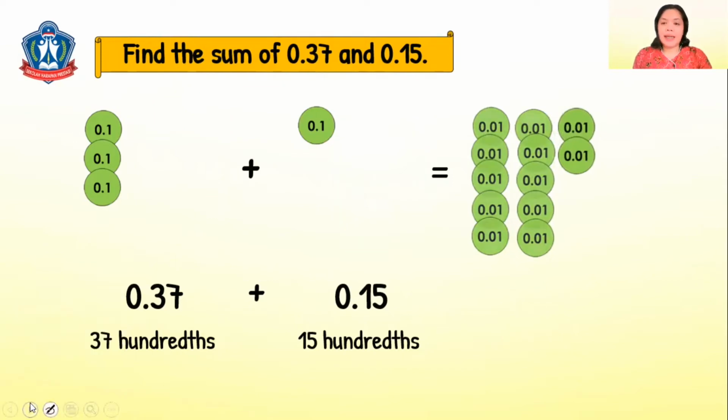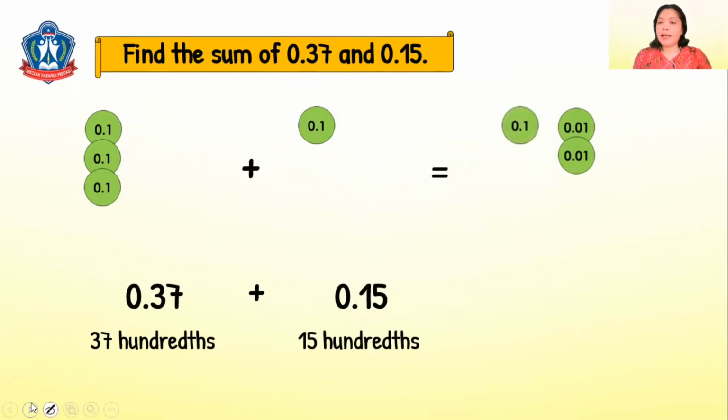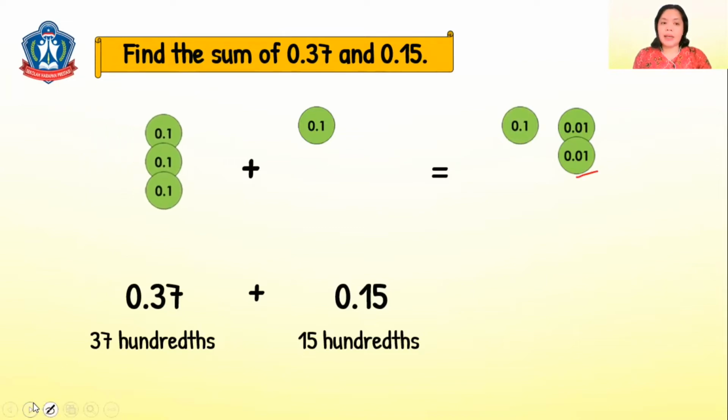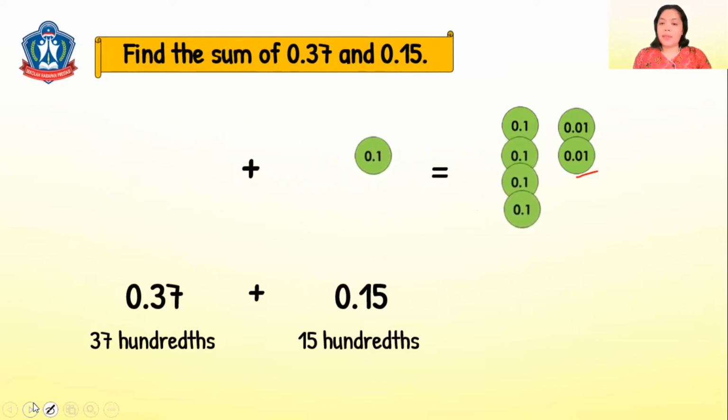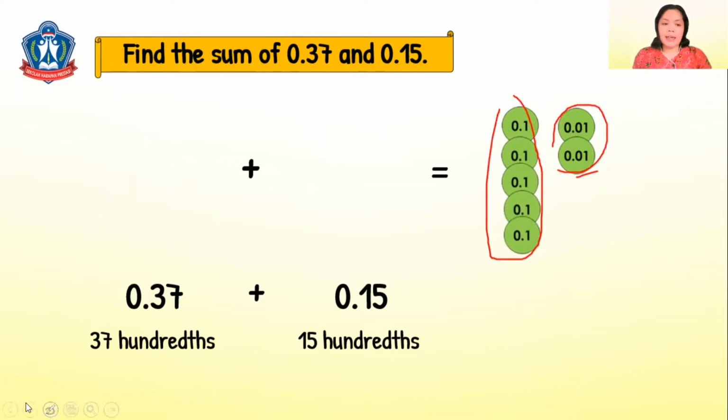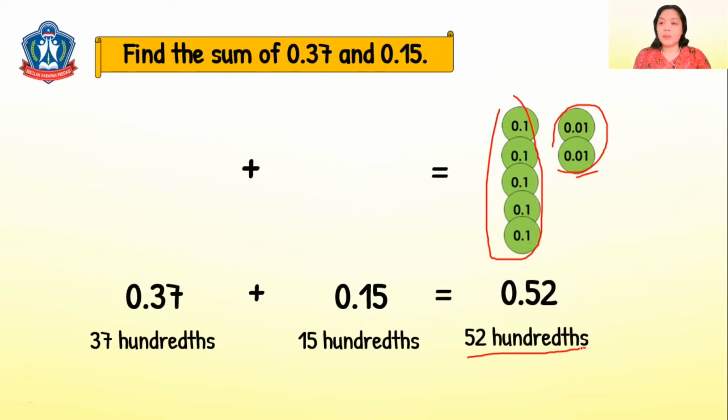So let's change this 10 hundredths into tenths. It becomes 1 tenth and 2 hundredths. Then let's add the other remaining tenths, 3 tenths and 1 tenth. So how many tenths are there? 5 tenths and 2 hundredths. And that is equal to 0.52 or 52 hundredths. So that's how to add decimals with two decimal places.